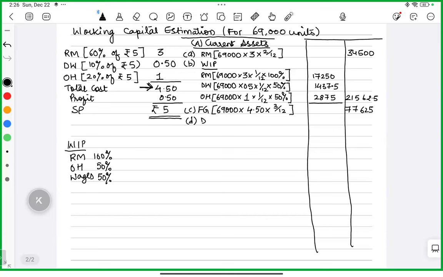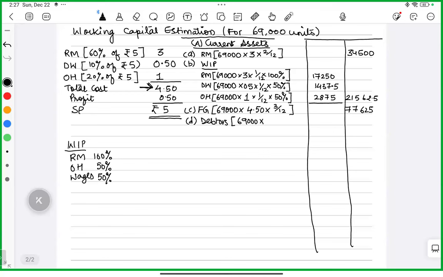Next current asset is debtors. So you are going to produce and sell 69,000 units. Now, generally, we think that debtors should be valued at selling price. But it is not the case in this question, because here what we are saying is what is our investment in working capital in selling these goods on credit to debtors, right?